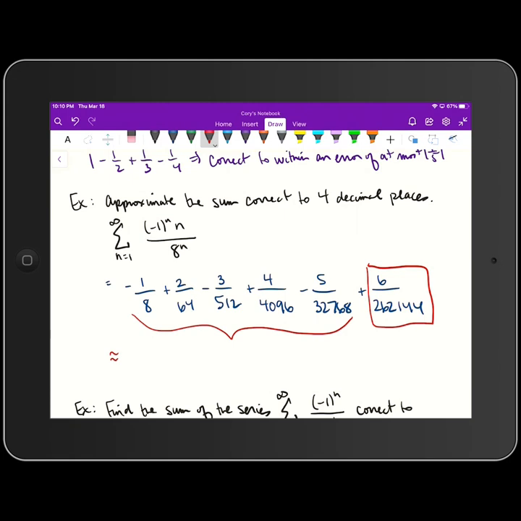When we total up these 5 terms, we get negative 0.098785. So using those first 5 terms to estimate the value of that infinite sum will be correct out to 4 decimal places. That is how we utilize the alternating series estimation theorem.